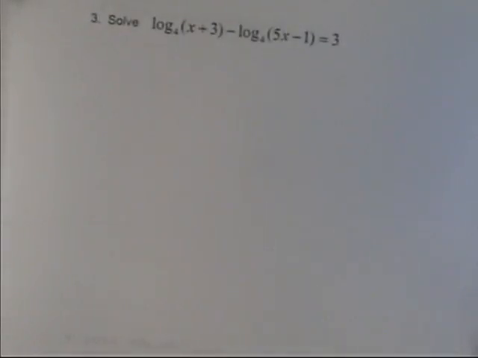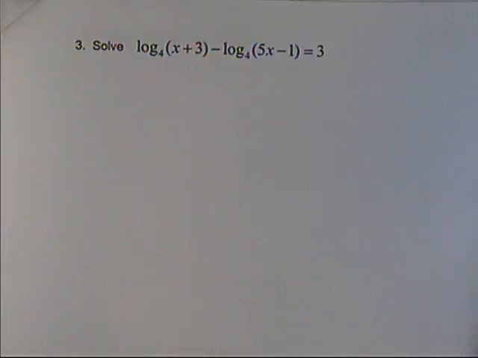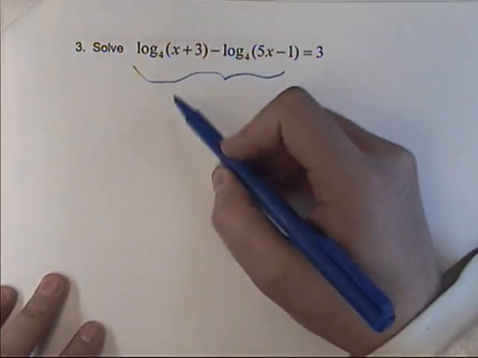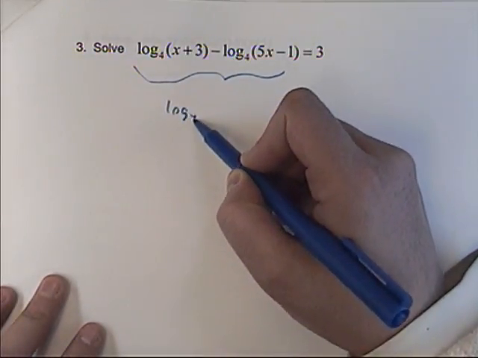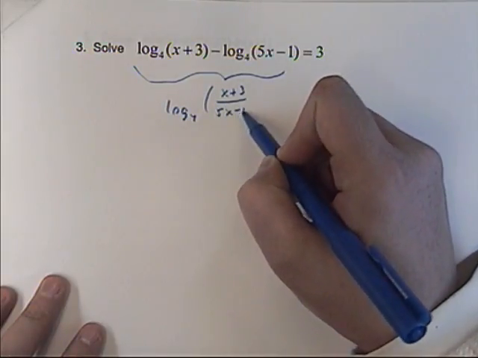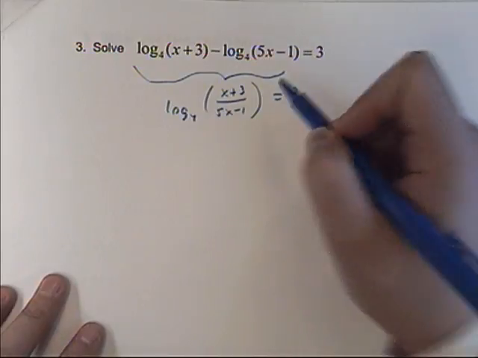Okay. The next one, we're going to have to use our quotient rule. So if we put these together, okay, so putting these together with the quotient rule, we have log base 4 of (x plus 3) over (5x minus 1) equals 3.